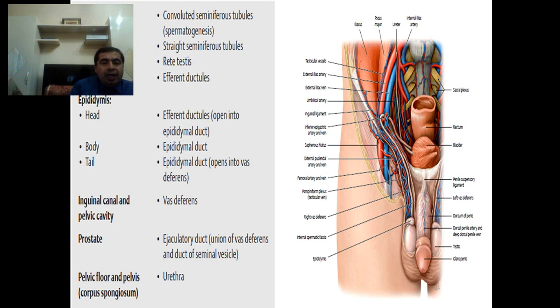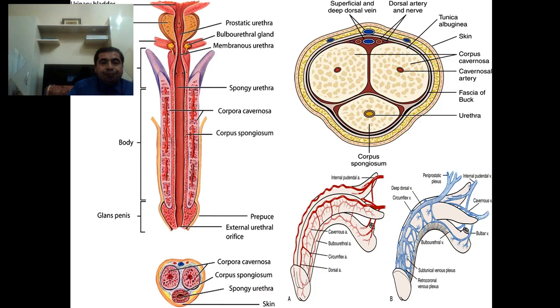In the inguinal canal and the pelvic cavity, here we can find the vas deferens. Prostate, here is opened the ejaculatory duct, the union of the ampullary part of the vas deferens and the duct of the seminal vesicle. Pelvic floor and the pelvis, it's for the urethra, which mainly belongs to the urinary system.